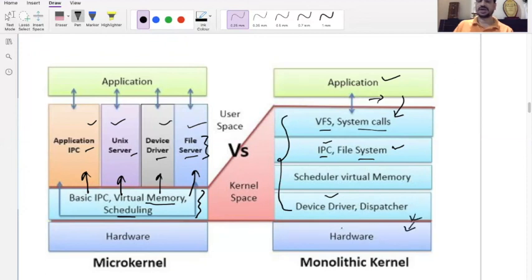That's why the kernel is in between the application and the hardware, or you can say the software and the hardware. So this is your kernel, and we have seen the different functionality of the kernel, how it works, and different types of kernel. I think this concept is clear to all of you.